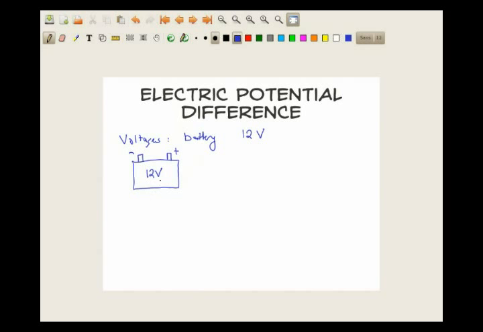And if you have a 12 volt battery, it means that for every 1 coulomb of charge that moves, say, from point A to point B, the positive terminal to the negative terminal, through a circuit, for instance, the battery does 12 joules of work to make that happen. That's what this means. Okay? That's why voltage, this electric potential difference, is so convenient to think about.